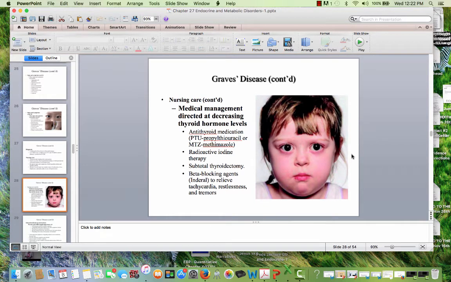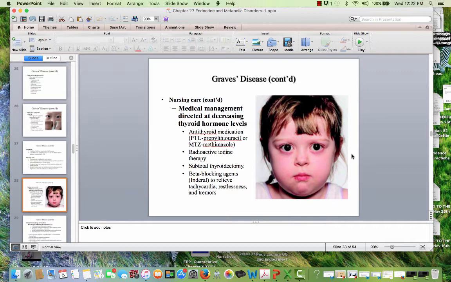Some of the antithyroid medications are listed here, and I would have you look into these meds and learn some of the common signs, contraindications and side effects. I talked a little bit about the radioactive iodine therapy. I would like for you to know ways to decrease exposure.